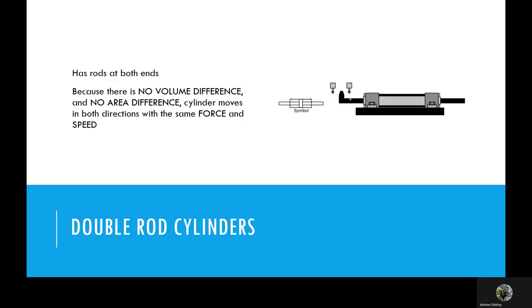Okay. Sometimes you will have a double rod double acting cylinder. These are used a lot on steering mechanisms, for hydraulic lifts and those ideas. They can extend in both directions with the same force and the same speed, which makes them excellent for a steering mechanism.